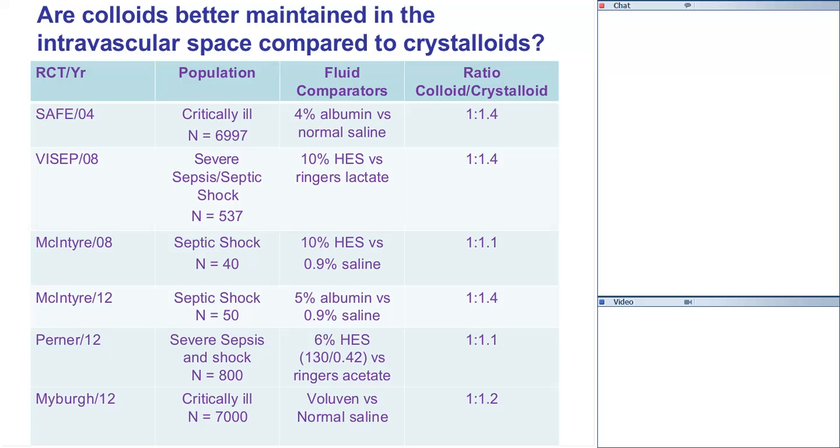And the consistency of the effect here is really remarkable in that when you look at the right-hand column, the ratio of colloid to crystalloid that is given in those randomized controlled trials is more like either 1 to 1.1 all the way up to 1 to 1.4, but never do you see a ratio of 1 to 3 or 1 to 4. So do you save in our critically ill patients? Yeah, you save, but you probably don't save near as much as you might think, or if you're giving it to a healthy volunteer.